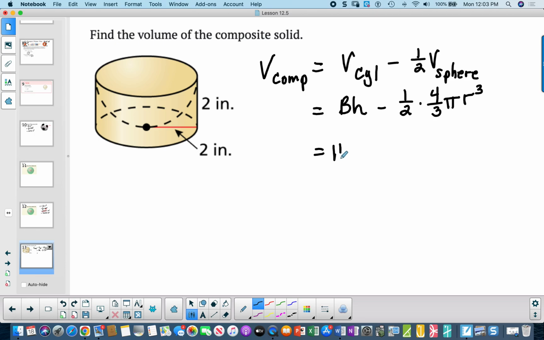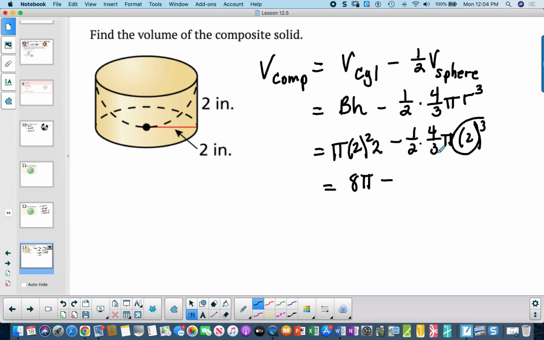So that's pi r squared, and the height of the cylinder is 2, minus 1/2 times 4/3 pi, and our radius is again 2 cubed. So this is going to be 8 pi minus, and this is going to be an 8 as well, and so that's going to be 32.